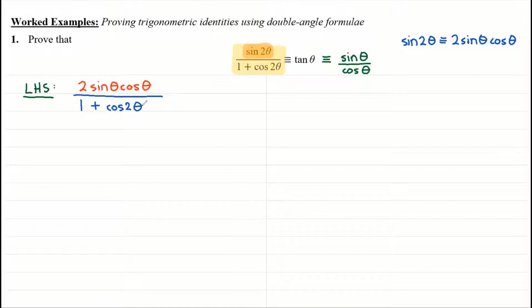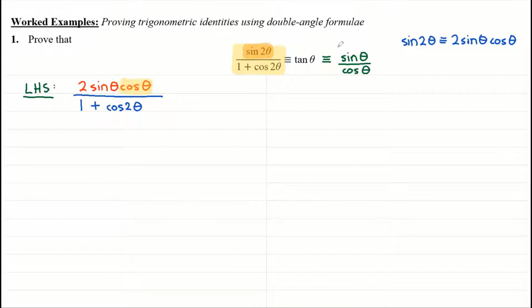Now remember, we want to hopefully create a sine theta in the numerator. So perhaps, I'm not saying for definite, but perhaps we'd want this cos theta to cancel out. I think that would be a good idea. We definitely want that cos theta to not be there somehow. Now let's look at our options.